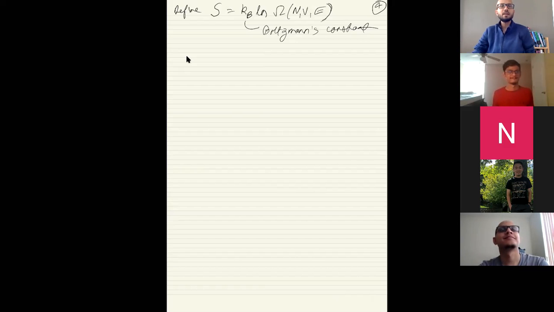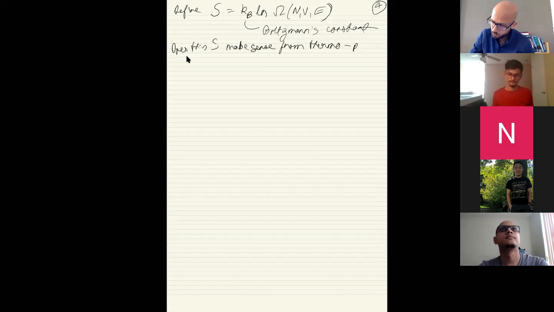But let's see if this makes sense. Let's see how we can connect it to thermodynamics. So does this S make sense from a thermo perspective? What are the things we should be looking for in order for it to make sense? Any ideas?